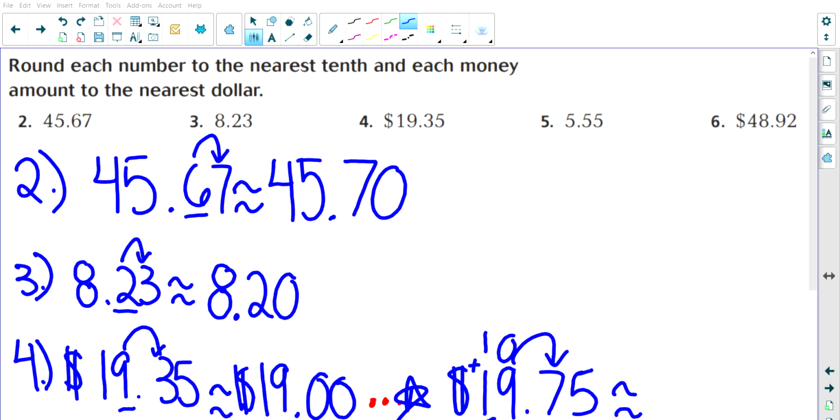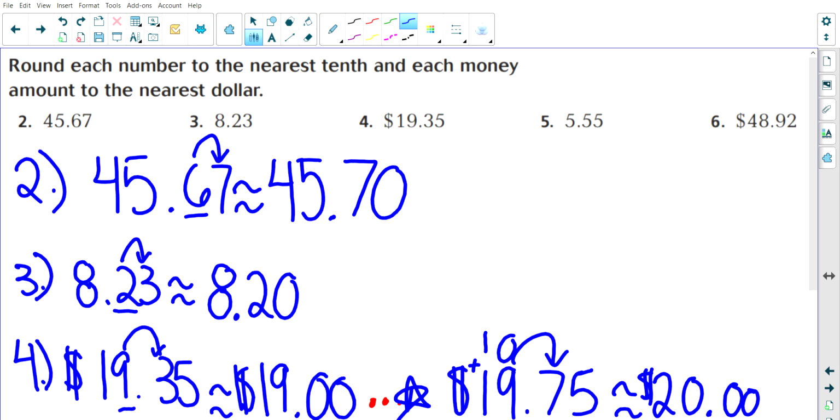So instead of copying the 1, that 1 is actually going to change into a 2 because it's helping my rounding digit soar. Okay, so the 1 becomes a 2. Everything else will turn into a 0. Keep that decimal point. Keep the dollar sign at the beginning.